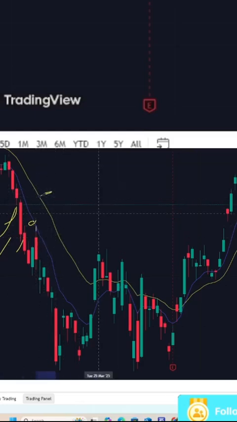We got two lines there. So whenever the small number, which is the 9 moving average, is above the 21, the stock is bullish. Now, whenever the 21 is crossing above the 9, the stock is bearish.